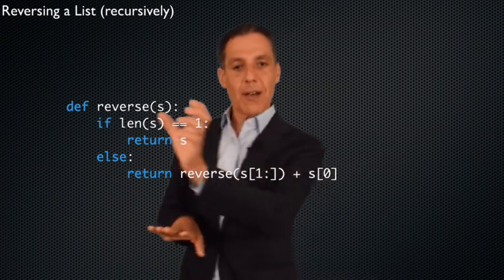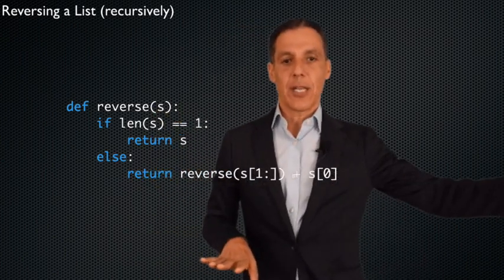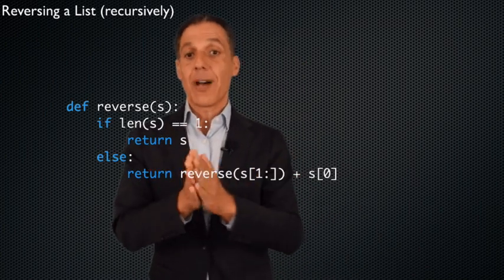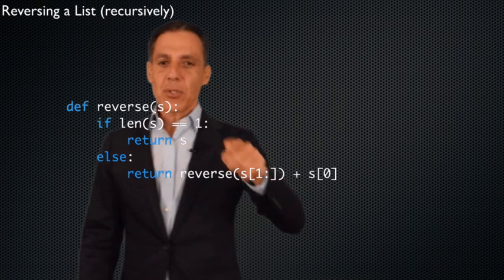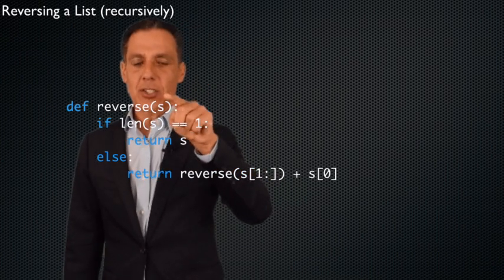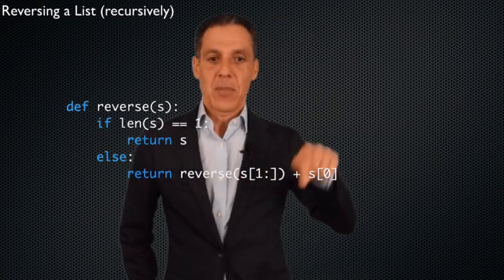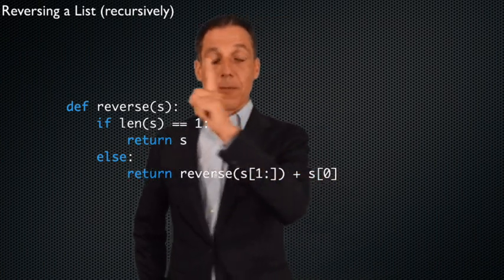I want to peel off that first letter and put it at the end, and string concatenate the reversal of the rest of the string. So remember that strings can be indexed like lists. Here's where it's very convenient. So s sub 0 is the first element.